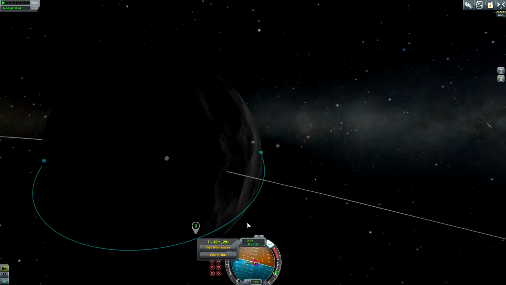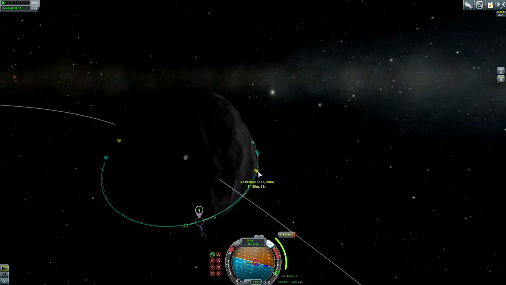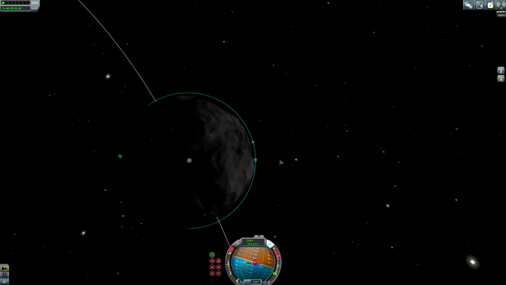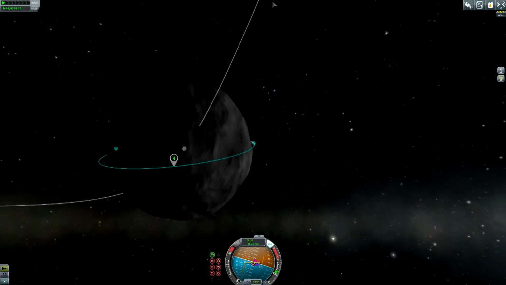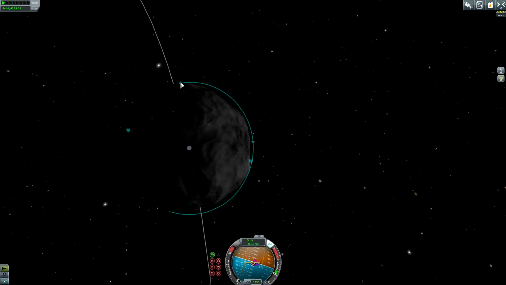And if I would perform a burn like this over here, then I might be able to raise my orbit again. So this is a little bit risky, but I think I have to try this.